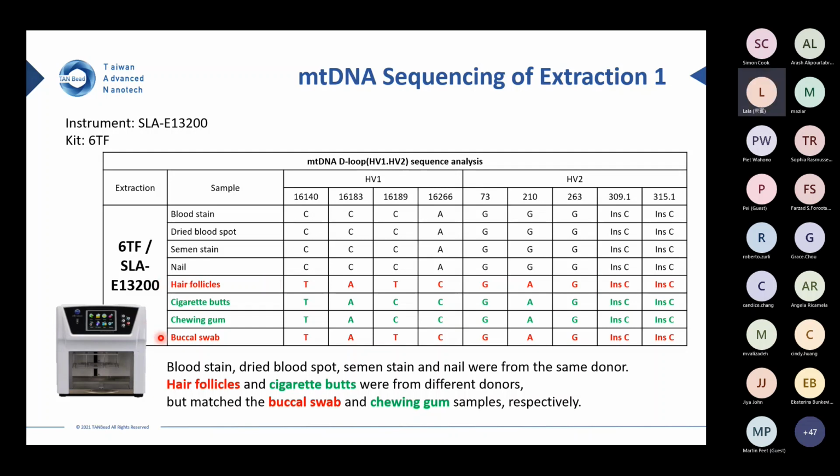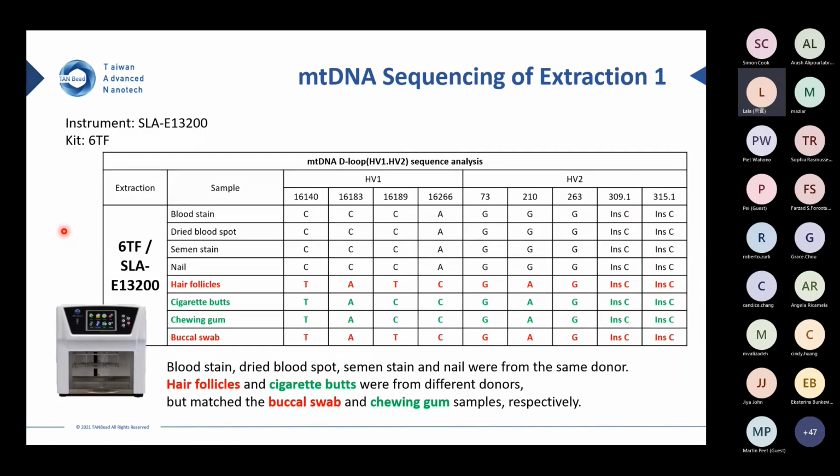And it matches the buccal swab sample which came from one of the witnesses. So now we have 2 different donors. Let's call them donor 1 and donor 2. Now the cigarette butts and chewing gums have different sequences from both the hair follicles and nail samples. So it's also another different donor. So now we have 3 donors in total.